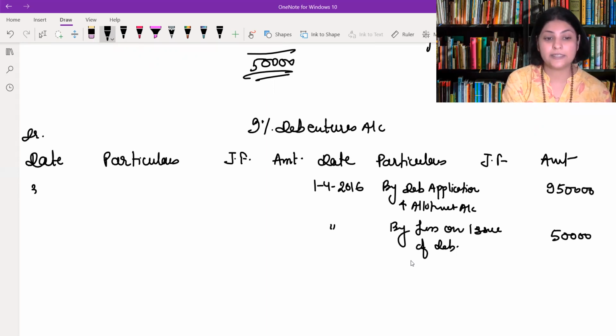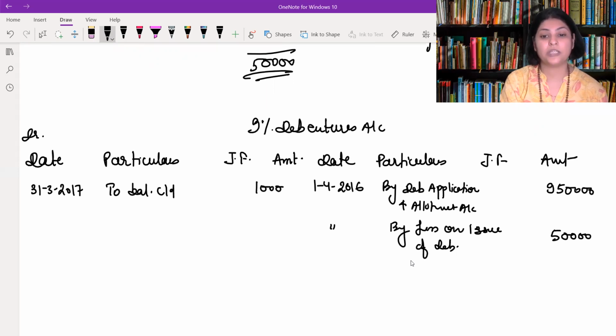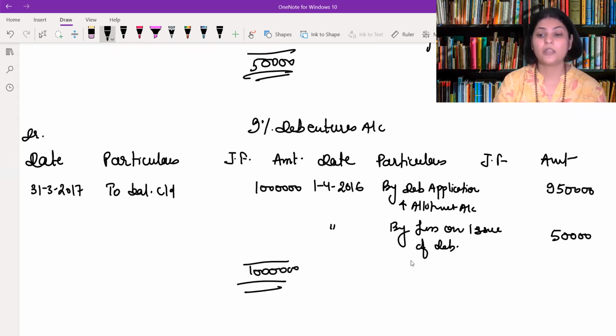Now, in the first year, on the last date of the first year, what is happening? On 31st March 2017, you are just simply writing down balance carried down because you did not redeem any debentures in this year. So 10 lakh rupees is going to come over here and then we'll simply close this account with 10 lakh rupees.